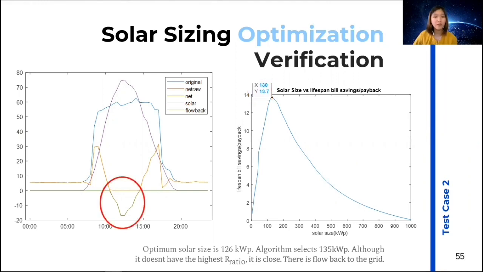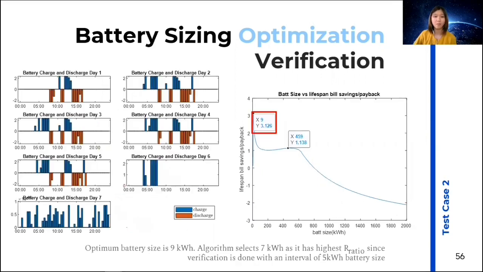Next, it is also worth noting that the algorithm allows flow back to the grid even though it cannot be sold back, because savings from maximum demand reduction of increased solar size exceed cost of electricity flowed back to the grid.